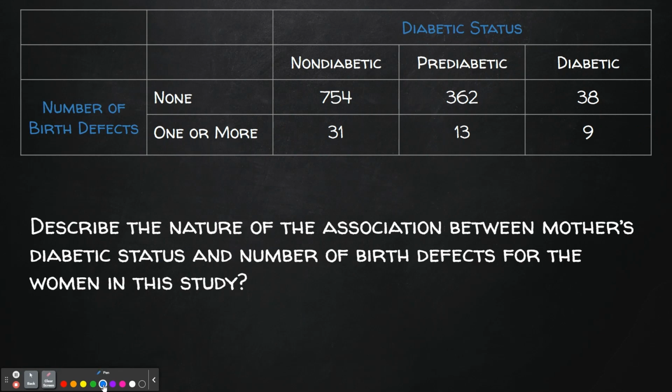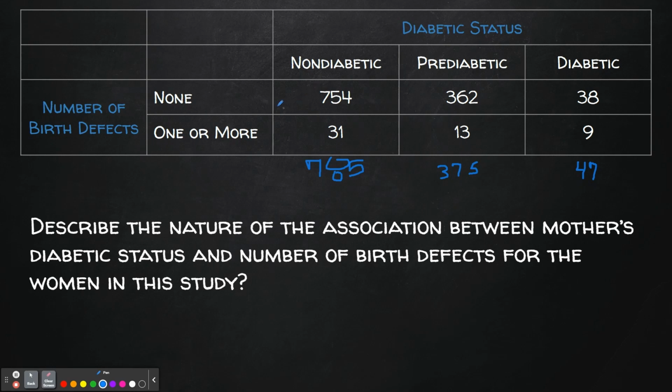Now, just to be thorough, I'm also going to show if we had done the conditional probabilities by the columns instead of the rows. If we added each column up, we'd get 785 for the first column, 375 for the second column, and then 47 here for the last column.